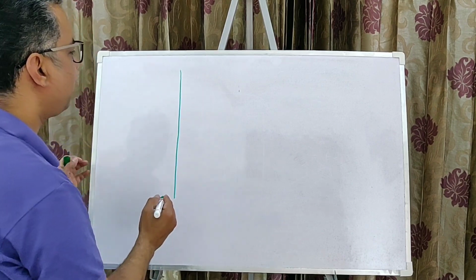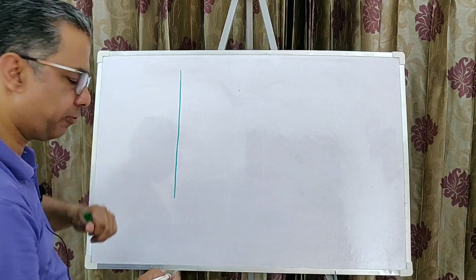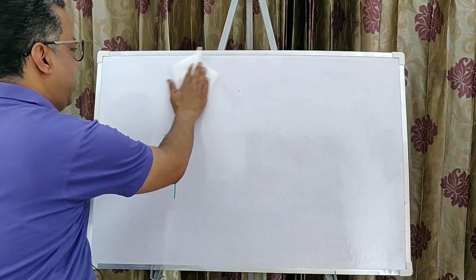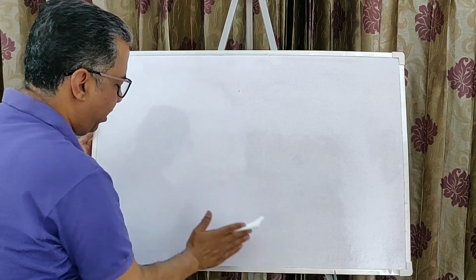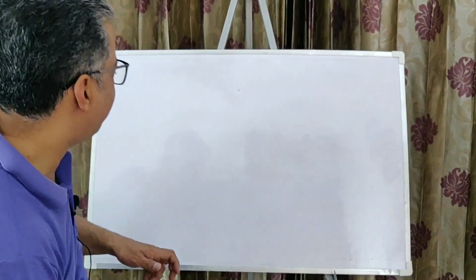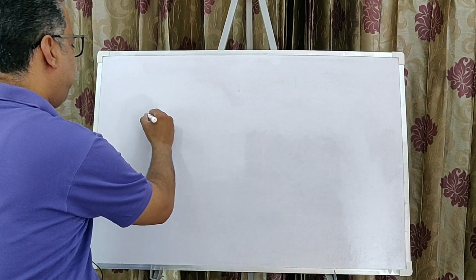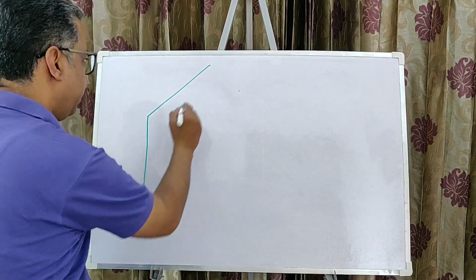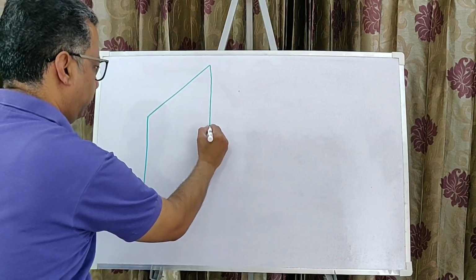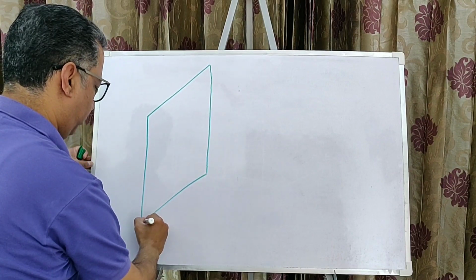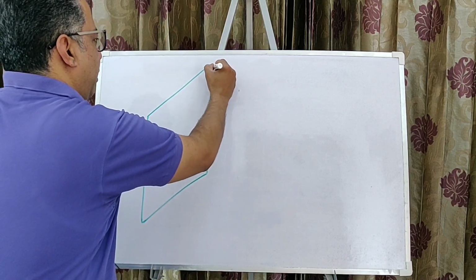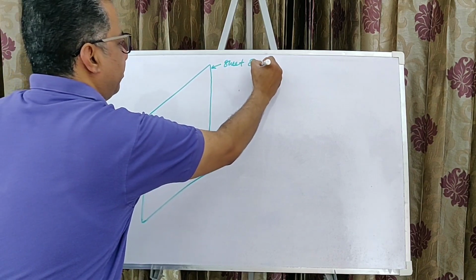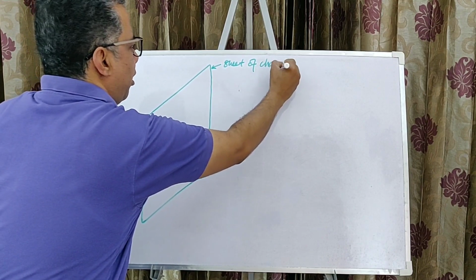to be the cross section of an infinitely large sheet of charge, or maybe I can try drawing a more three-dimensional figure so that things become a little more clear. So we have a very, very large sheet of charge here. This is the sheet of charge.